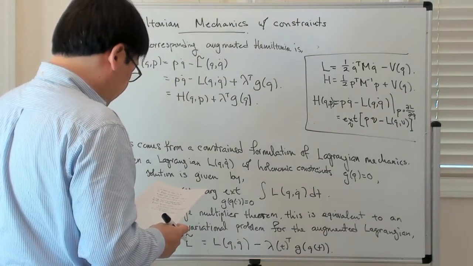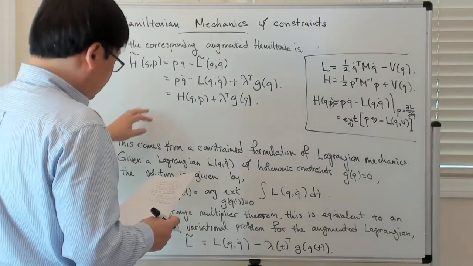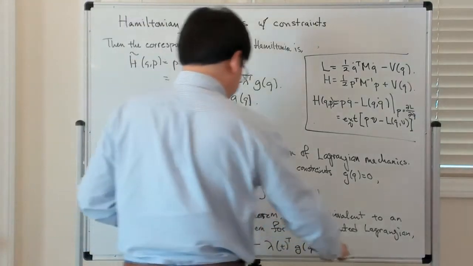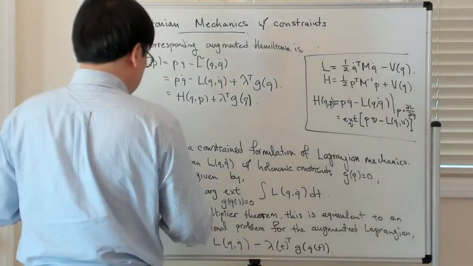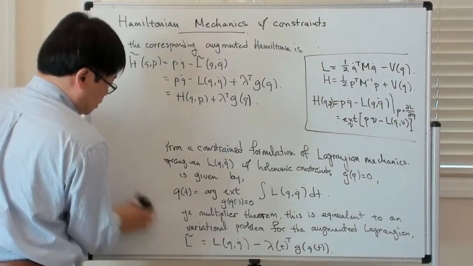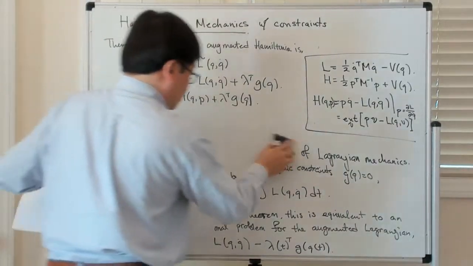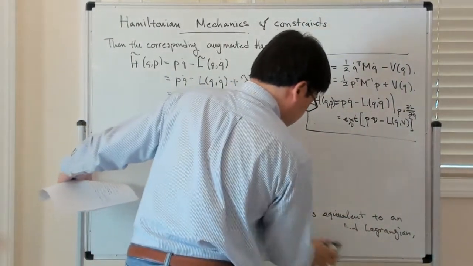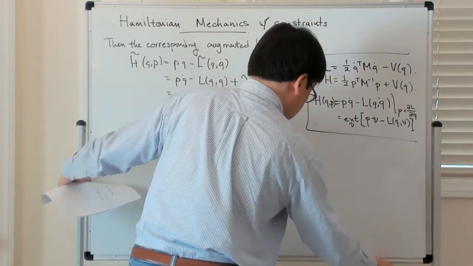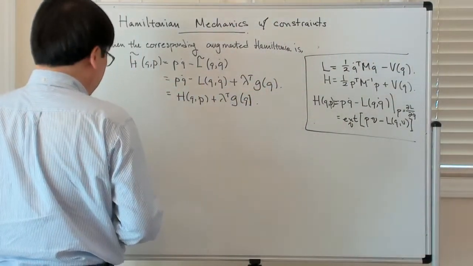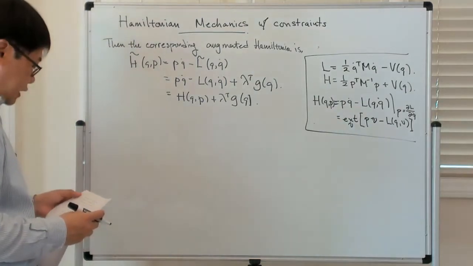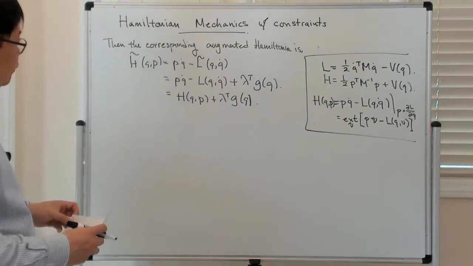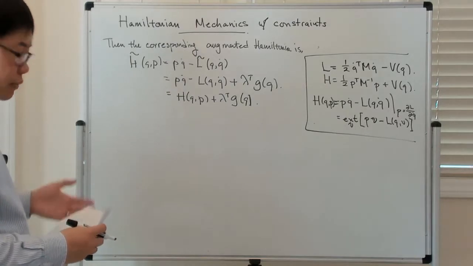And then you can ask what the momentum level constraint is. The momentum constraint, if you will, at the end of the day comes from the cotangent lift of the constraint on the positions.